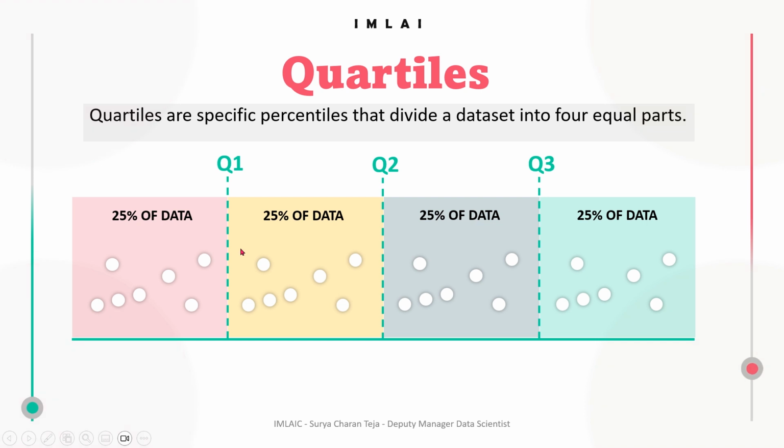Quartile 1 holds 25% of data, quartile 2 holds 50% of data points, and quartile 3 holds 75% of data points. The range between quartile 3 and quartile 1 is known as the interquartile range. Now let's take some examples to understand the quartiles better.